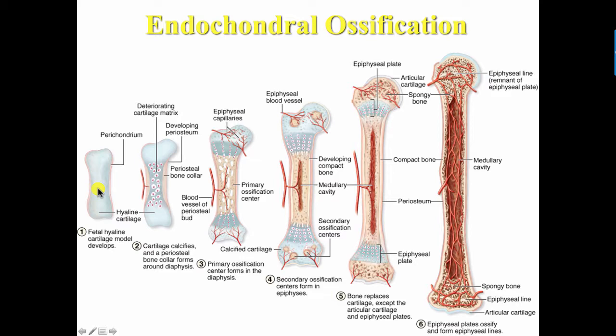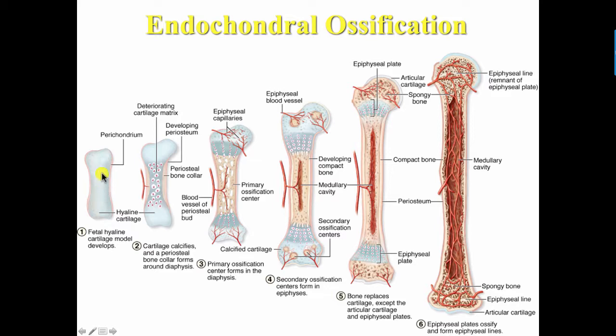Early on in embryonic development, the mesenchyme in the region of the future bone differentiates into hyaline cartilage, which is covered by a perichondrium. As the bone grows, both interstitially and appositionally on its surface, the shape of a long bone can be seen.